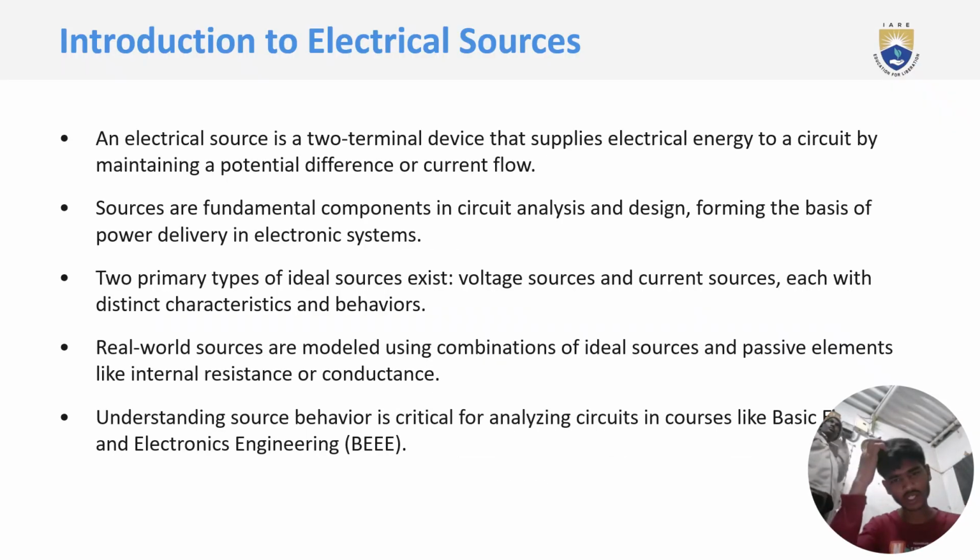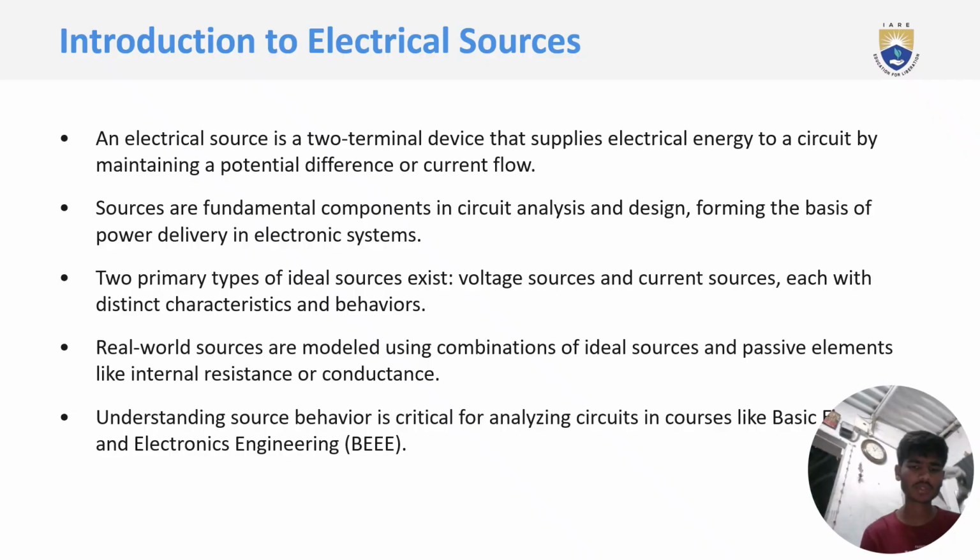Introduction to electrical sources. An electrical source is a two-terminal device that supplies electrical energy to a circuit by maintaining a potential difference or current flow. Sources are fundamental components in circuit analysis and design, forming the basis of power delivery in electronic systems.